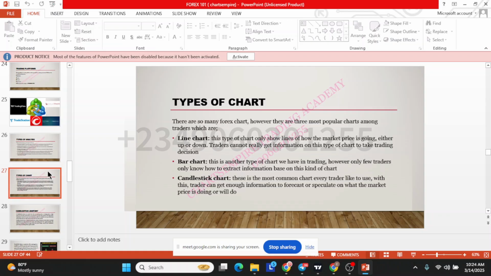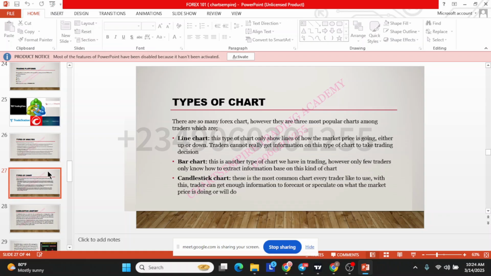And lastly, we have the candlestick chart. The candlestick chart is like a full form body of the bar chart. It is the most common chart every trader uses in this modern day. With this, traders can get enough information as to what is going on in the market. They can know when to get in and when to get out, because the candlestick speaks to us.